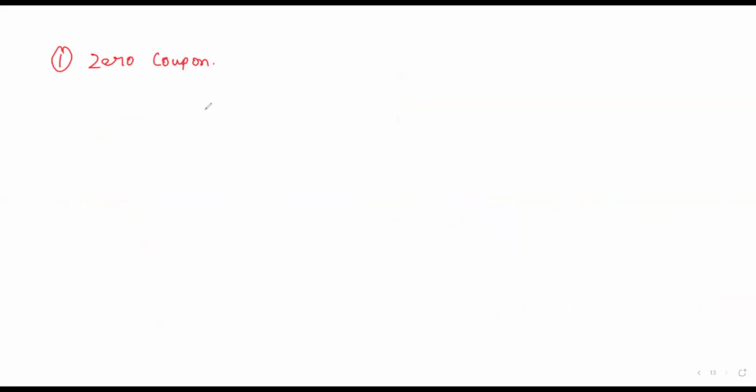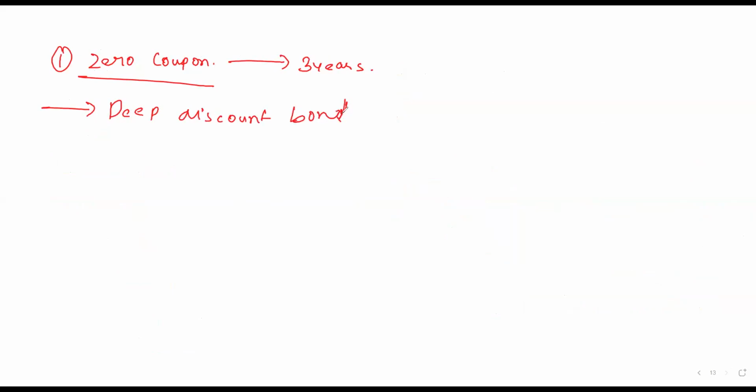It means that a bond issued for, let's say, 3 years, but does not pay any coupon in between. Now you would wonder, why would anyone invest in such a bond which does not pay any coupon in between? To answer that, zero coupon bond is also called deep discount bonds. Why deep discount bonds? Because the return component is contributed by the discount that this bond gives.